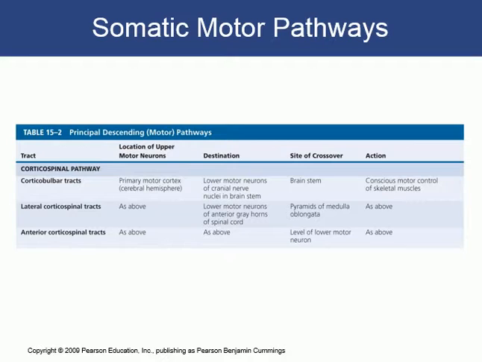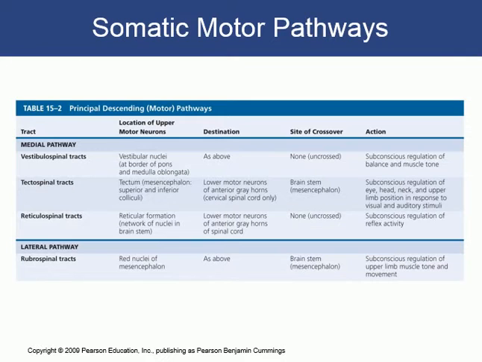And the primary motor cortex is the part of the cerebral cortex that starts all the movements. The voluntary movements start from there, and there is a part that will cross in different places. It can cross in the brainstem, pyramids, or spinal cord.